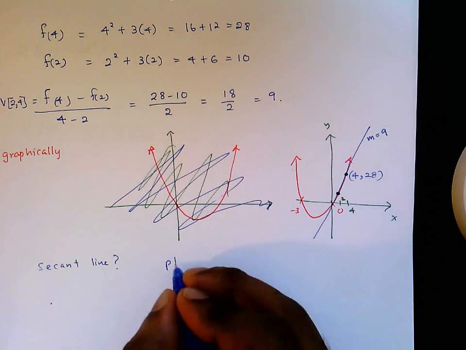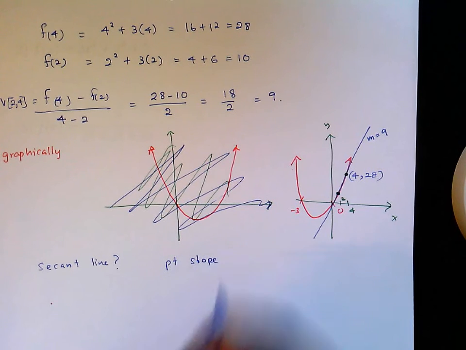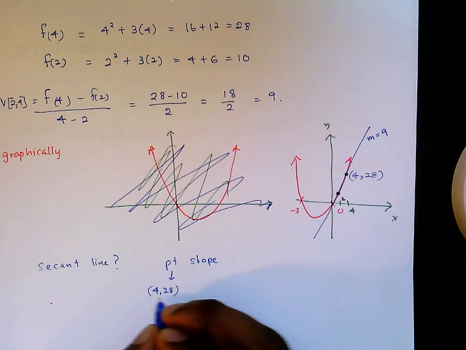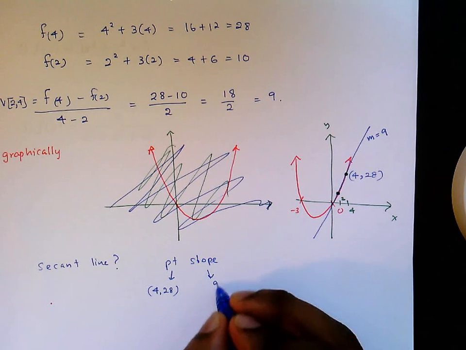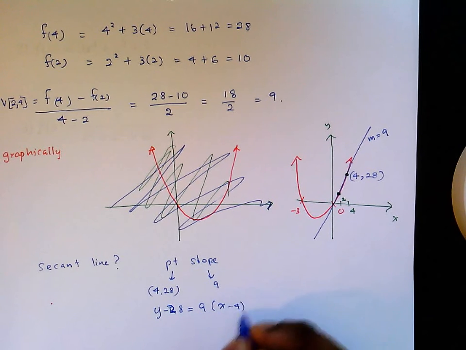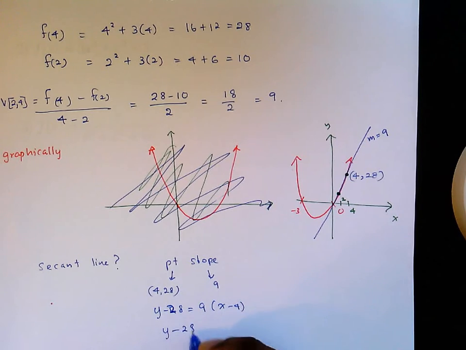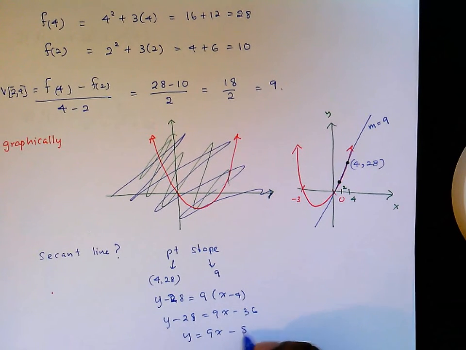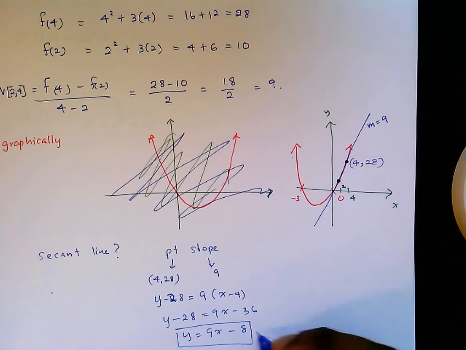So the point is (4, 28), because f of 4 equals 28, and the slope is 9. So you get y minus 28 is equal to 9 times (x minus 4). So y minus 28 is equal to 9x minus 36. So y equals 9x plus 8. That is the equation of this line.